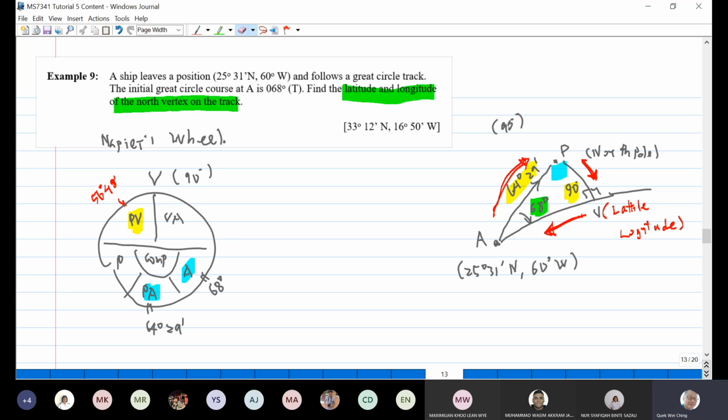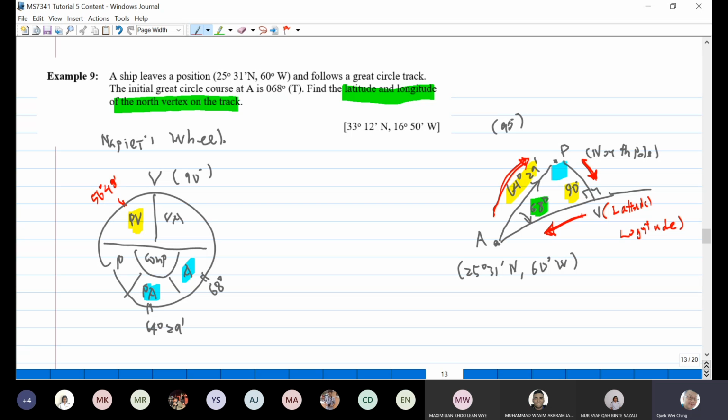Okay, we know PV. If you look at the diagram, PV here is 56 degrees 48 minutes. So what is the latitude of V?